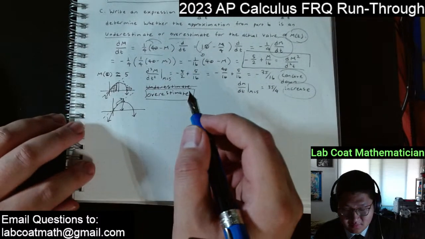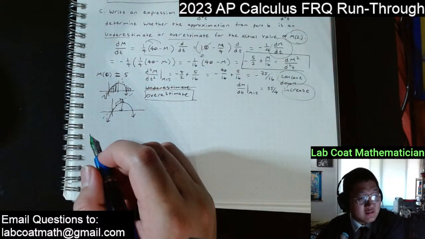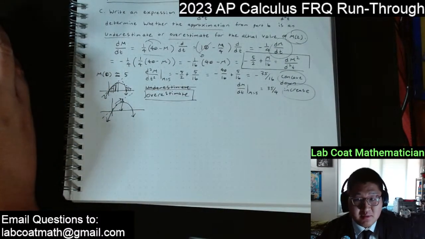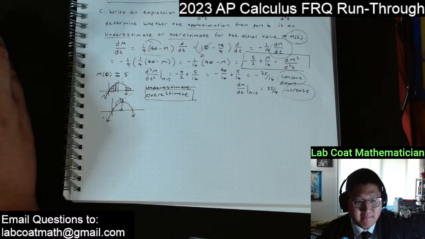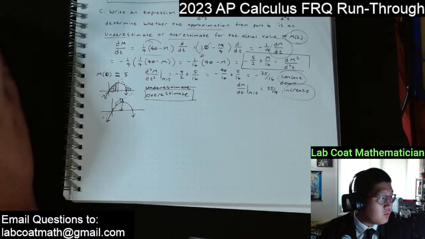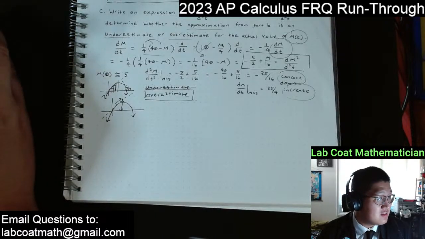Okay, so let's go finally to, oh my goodness, man. We're getting some losses here. I wonder if we can change this really quickly before we go to part D here.